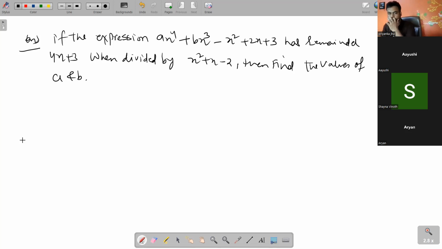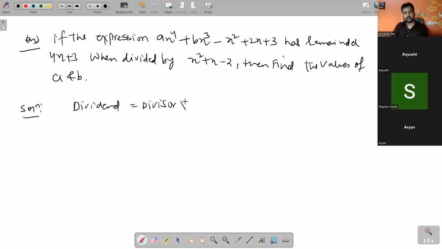Now you just have to remember this thing. Dividend is always written as divisor multiplied by quotient, we represent it by q, plus the remainder.